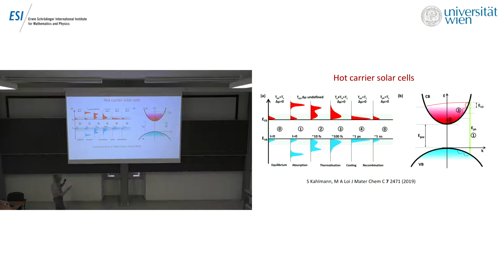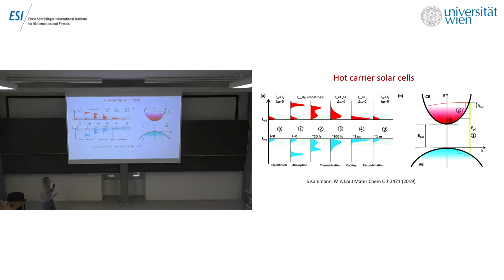Because, why? You excite your electron across the band gap, fine. It's generally got an energy bigger than the band gap, and so it has to relax once it's in the conduction band. And how it relaxes is determined by the polaron nature of the carriers in perovskites.